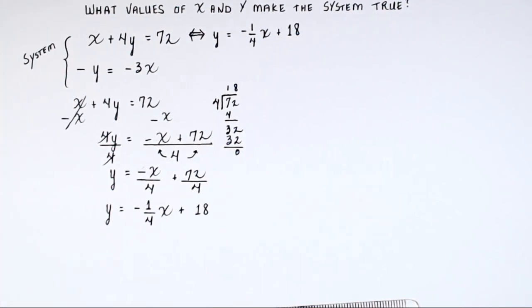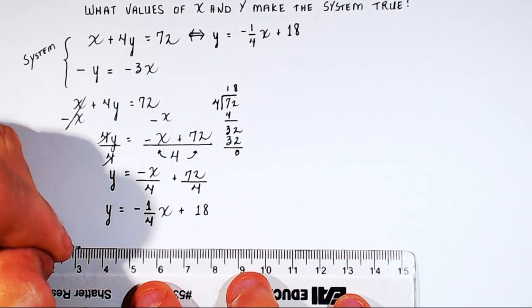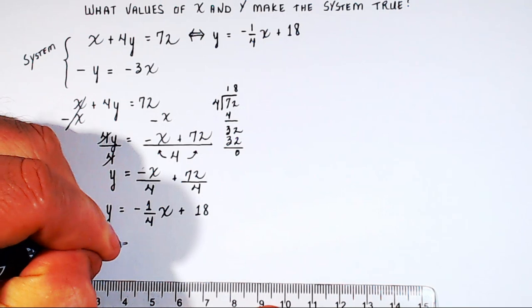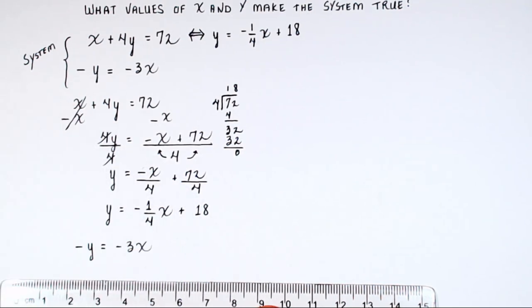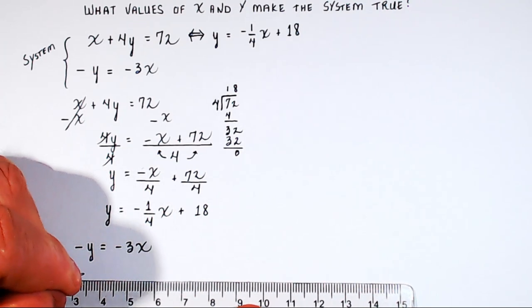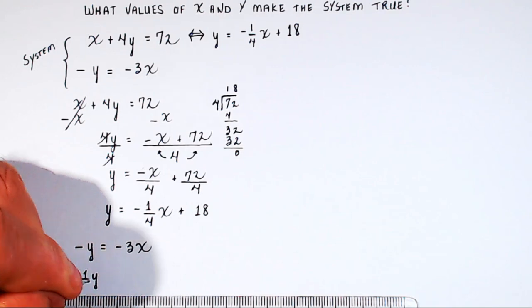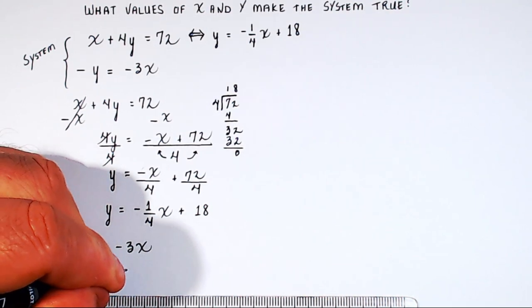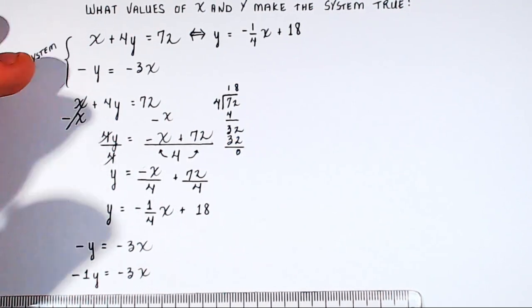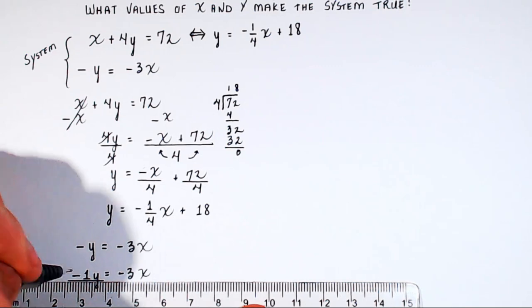I guess I should show it. Here's my second equation. Negative y equals negative 3x. Okay, so to reimagine this as negative 1 times y equals negative 3 times x. Right, so if I want to get y by itself, I have to divide both sides by negative 1.